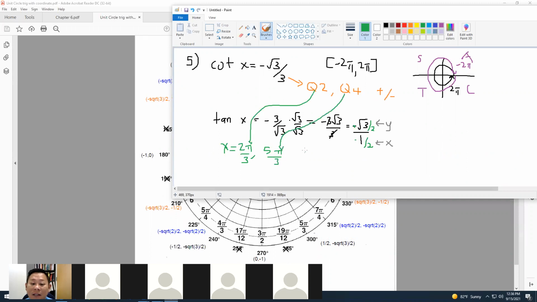Now this answer only works from 0 to 2 pi, which means it goes counterclockwise. So this answer also needs us to give the negative, the one that goes clockwise. So how do we find the negative one?